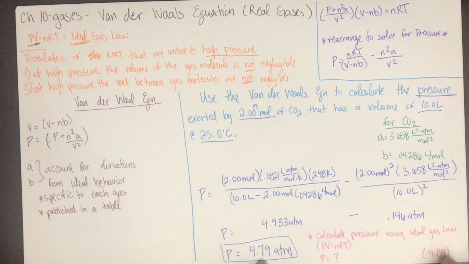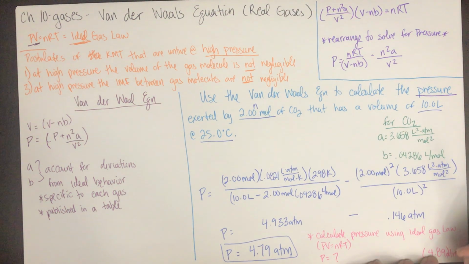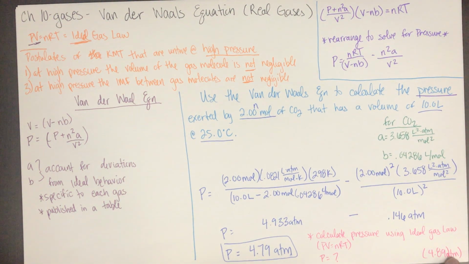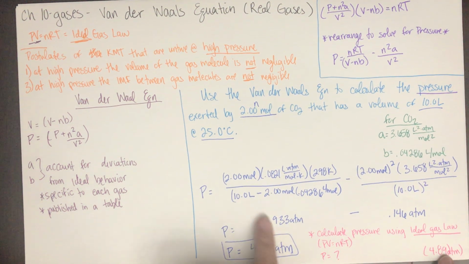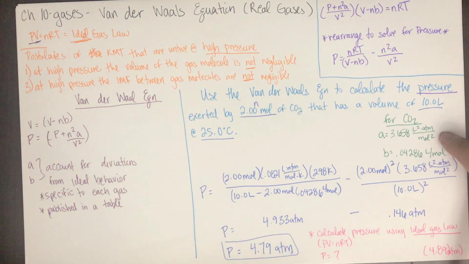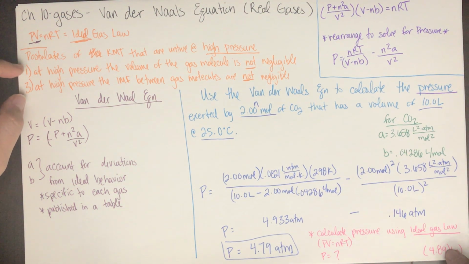You'll see that the ideal gas law value and the van der Waals equation value are going to be close, but the van der Waals equation is more accurate. It's more correct because it's using these A and B terms that are adjusting for these postulates that we are ignoring in the ideal gas law.